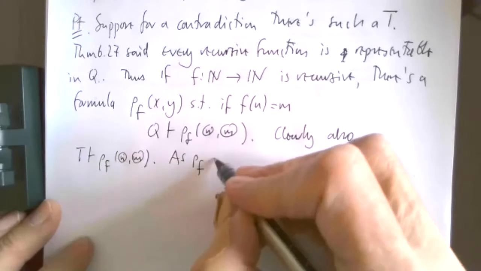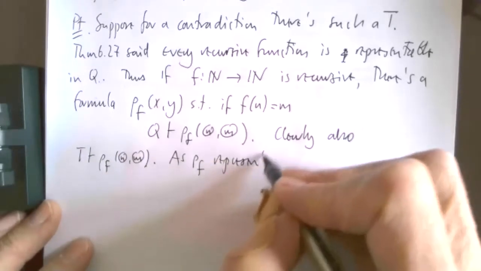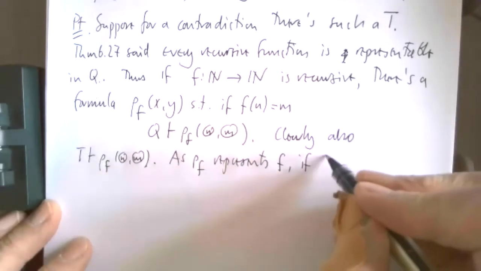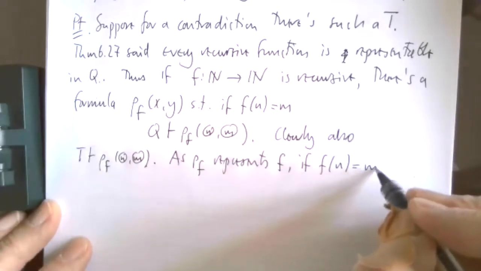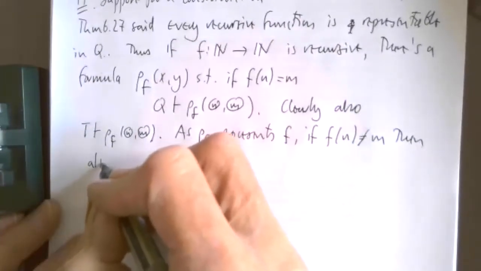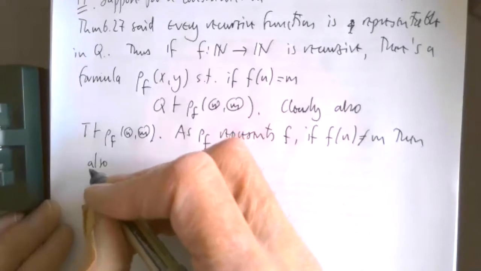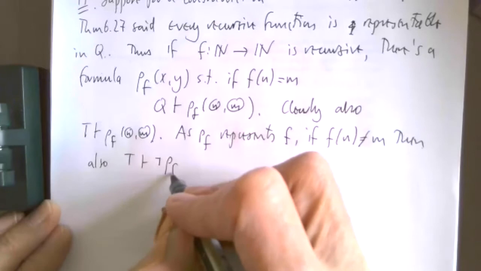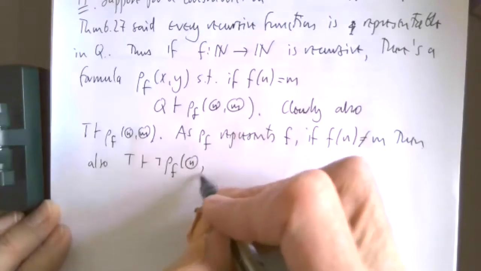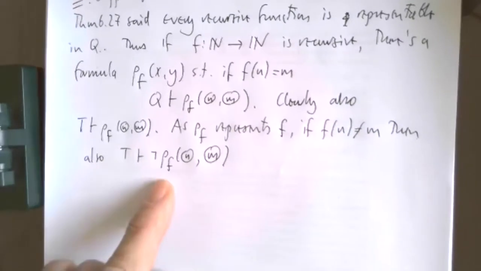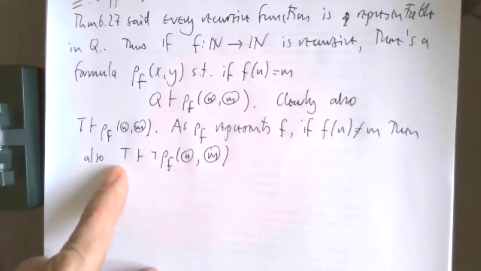Now, as rho f represents the function, if f of n is different from m, then also we have that Q, and so T, proves not rho. Rho, after all, is defining for us in T the graph of the function.